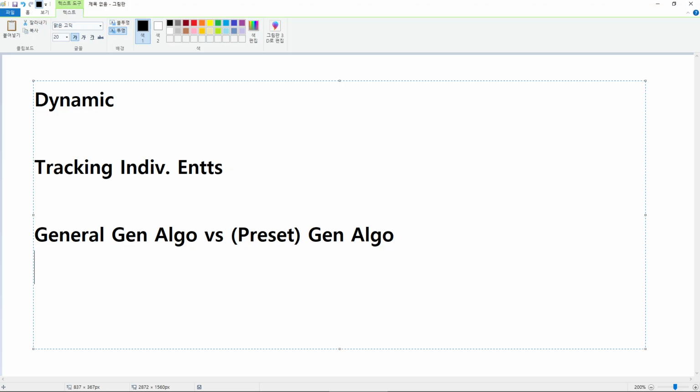Now, when I say general, it means that the item values were generated from distributions.